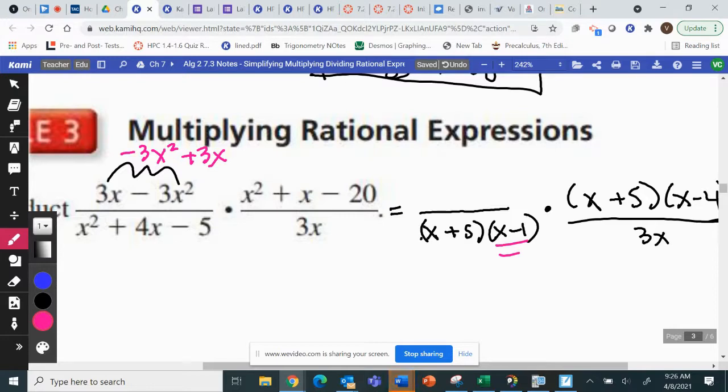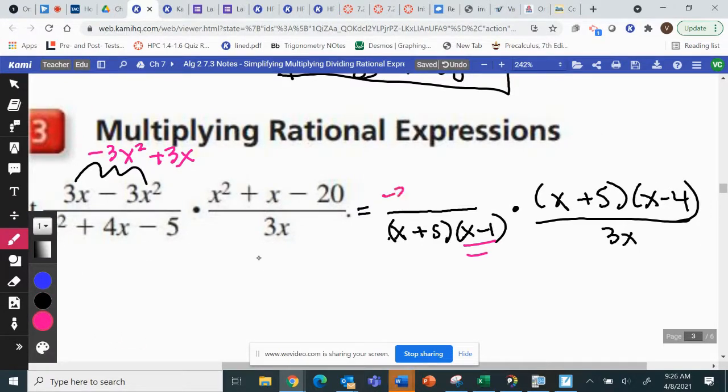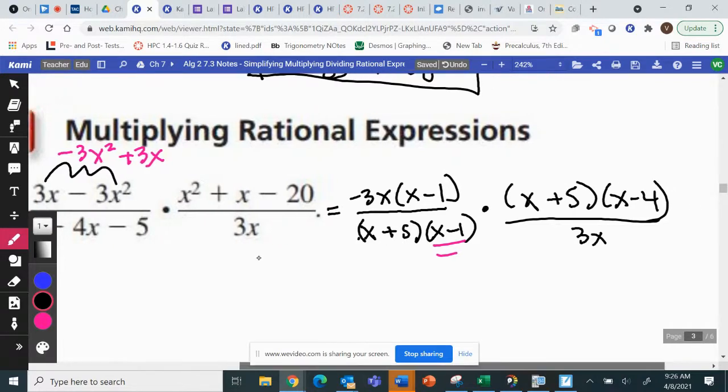I'm actually going to take out negative 3x. When I take out negative 3x, I'm left with x minus 1. Okay, so now they look the same. That's going to be important, don't you think? Probably important. Okay, so we factored it.